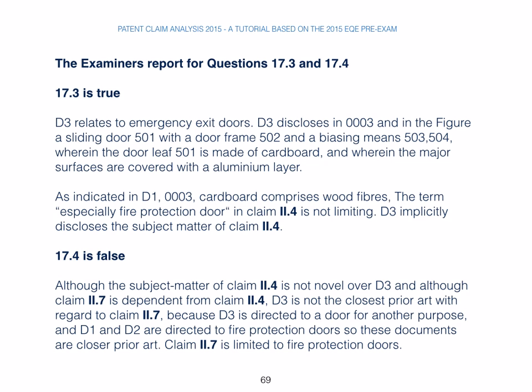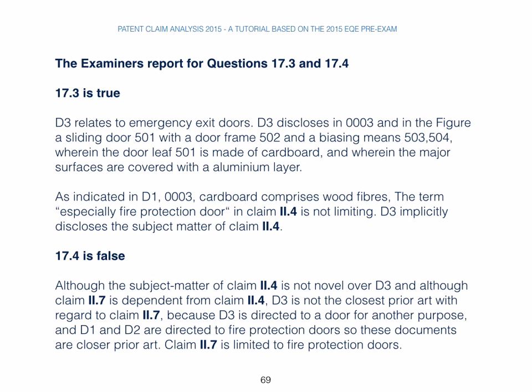And the examiners say it implicitly discloses. For 17.4, claim 2.7 is for a fire protection door. D3's door is an emergency exit door, which is not a fire protection door. D1 and D2 are fire protection doors, therefore more relevant.